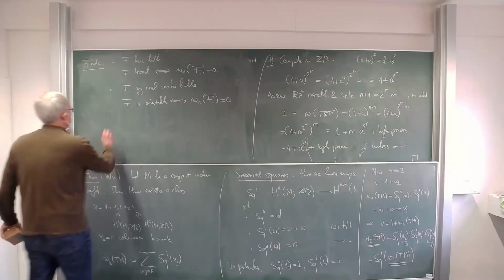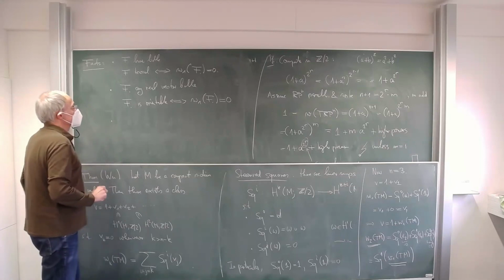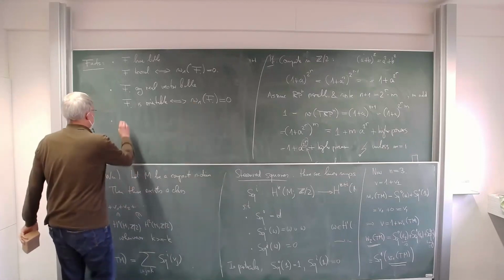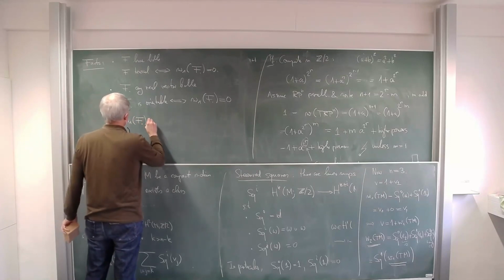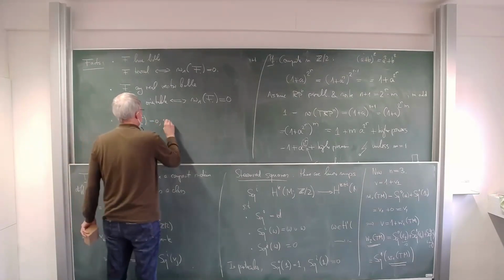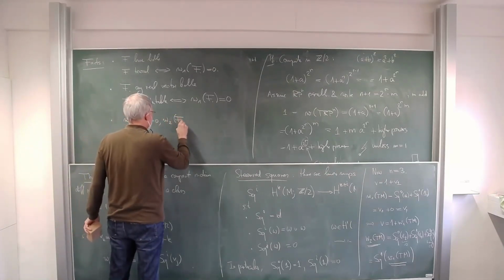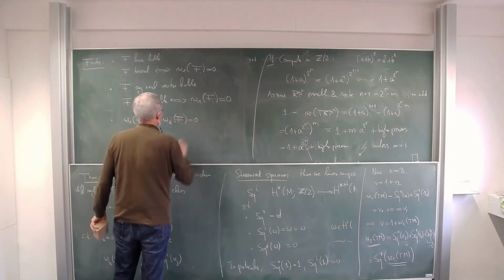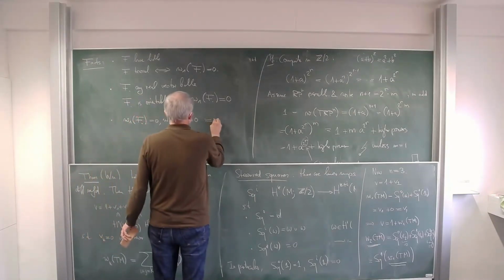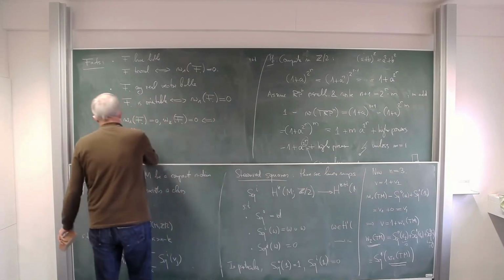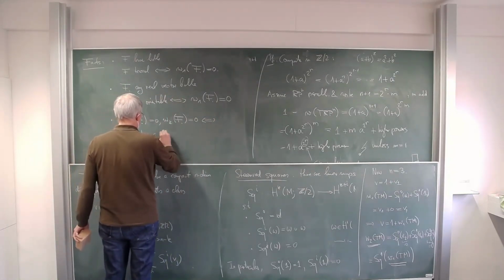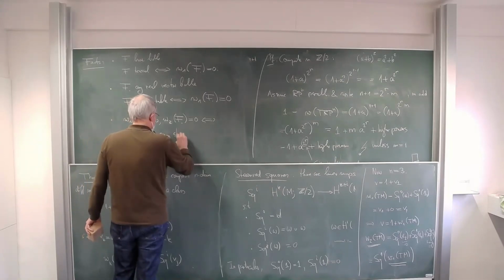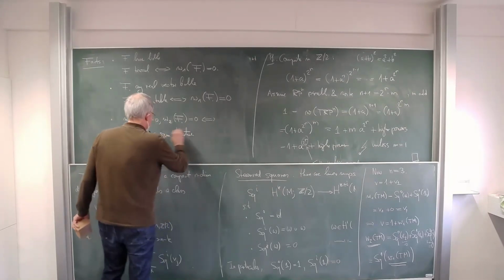And finally, the vanishing of the first class and of the second Stiefel-Whitney class is equivalent to F having a spin structure. I'm not saying what this means.